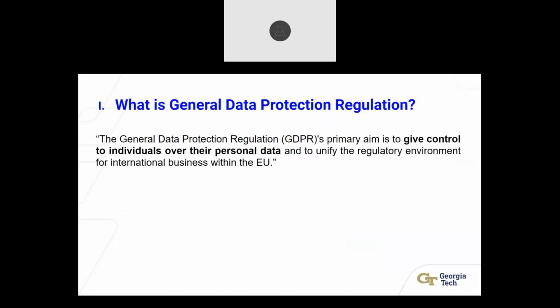The idea of GDPR is to give control to individuals over their personal data. For example, when we're sharing data on the internet, we don't really think that data will be used to create a large model.